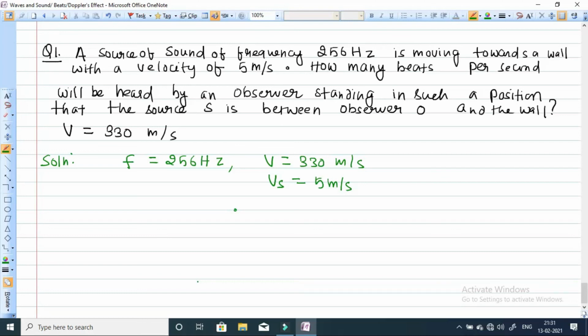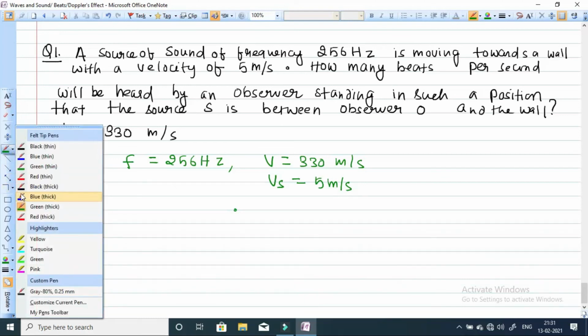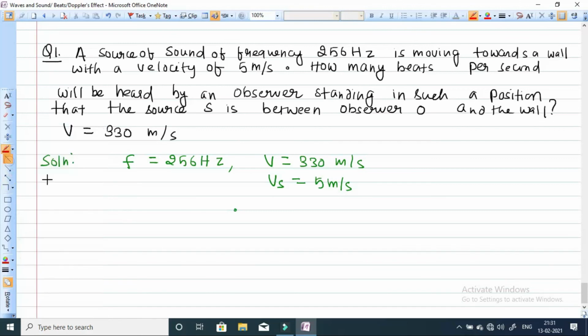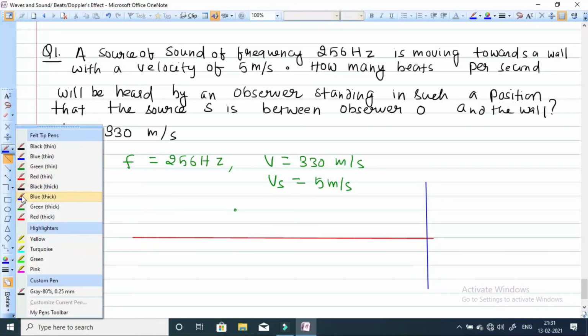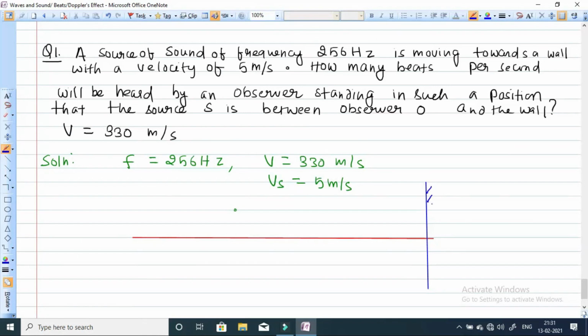Okay, so now this is the case here. Let me draw one line first. This is the line, and this is your wall.